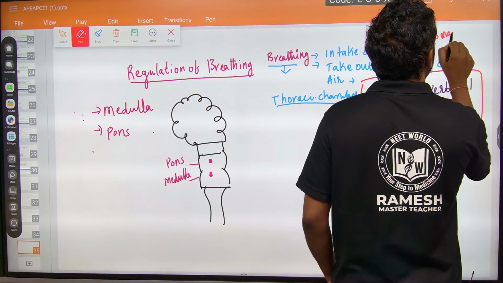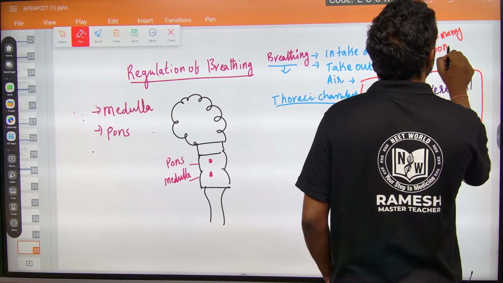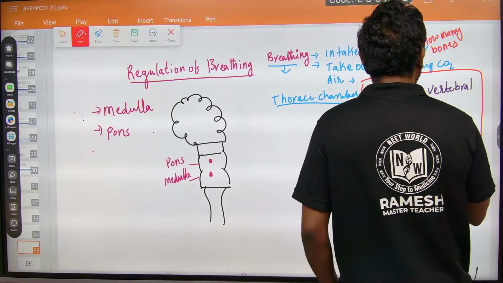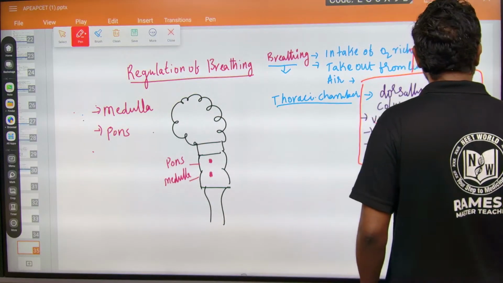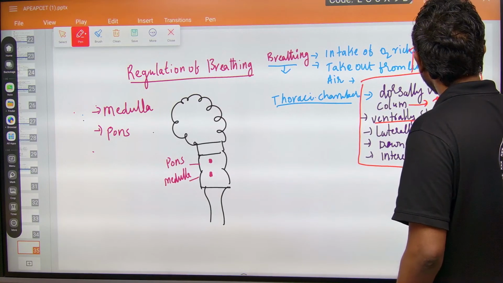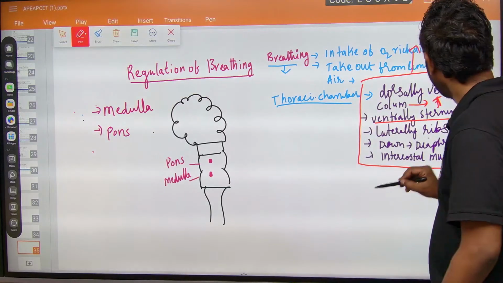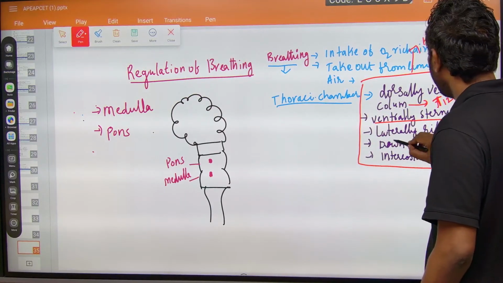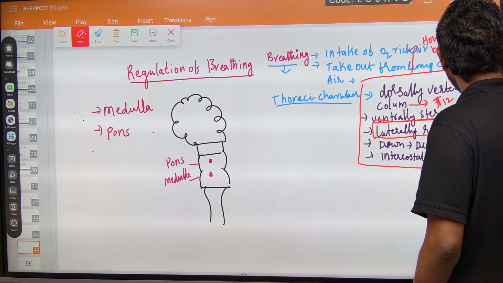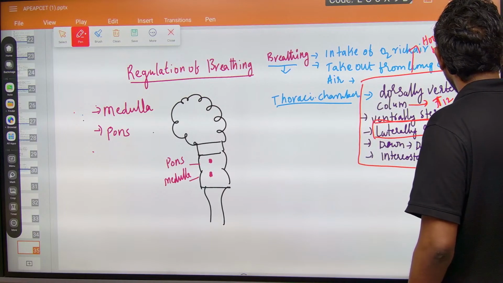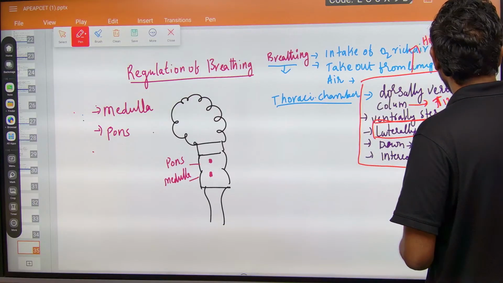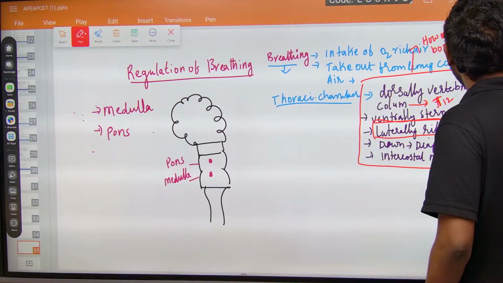How many bones are involved in this thoracic chamber? 37 bones, guys. The vertebral column here means the thoracic vertebrae, T1 up to T12, and ribs are 12 into 2, which is 24, plus 12, which is 36, and the sternum is 1.